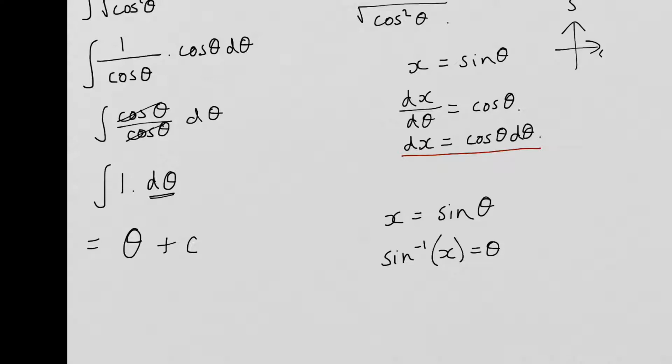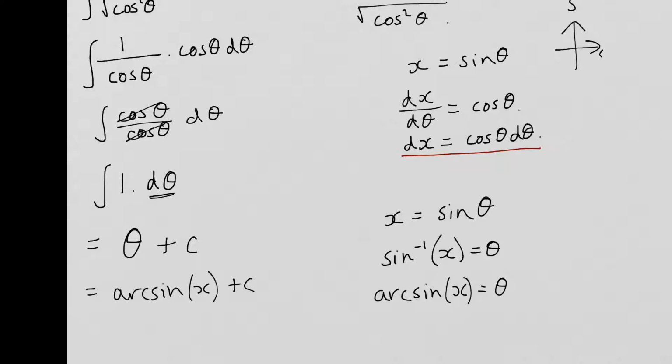And remember, when we're working in the second year, instead of saying sine to the minus 1, we usually call that arcsine. So if you read that in a textbook, don't worry, you have done it and you do know what it is. So putting that in here, I shall get arcsine of x plus c.